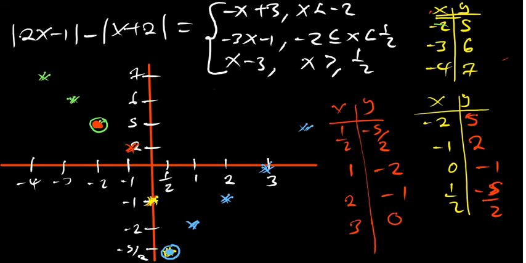Let me use this color. It will start from here. When reaching this point, it's going to turn like this, coming there, again going there. But I have to put the arrows because I don't know where it is ending. So this is the graph of everything there.